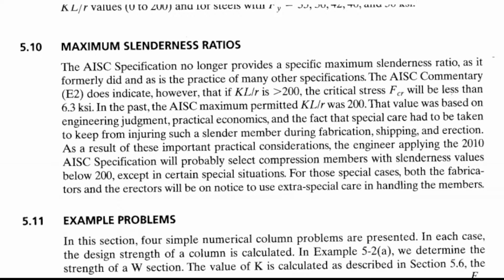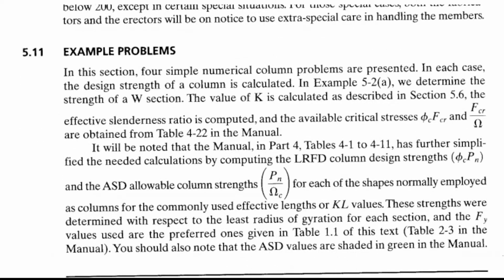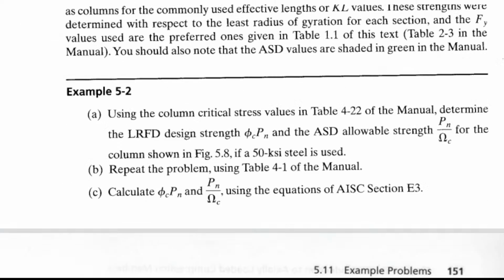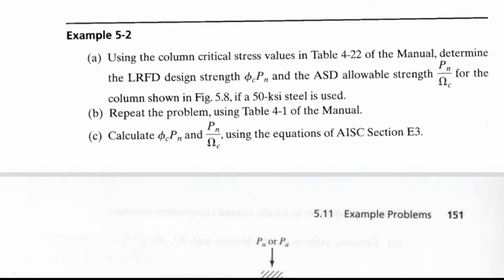So, example problems. Let us do the problems. Problem number 2. Using column critical stress values in Table 4-22 of the manual, determine the LRFD design strength and the allowable strength for the column shown in the figure if Fy is 50 ksi.